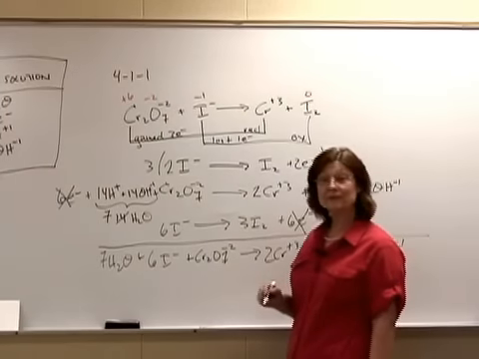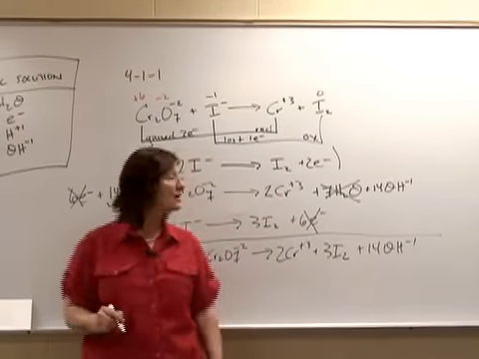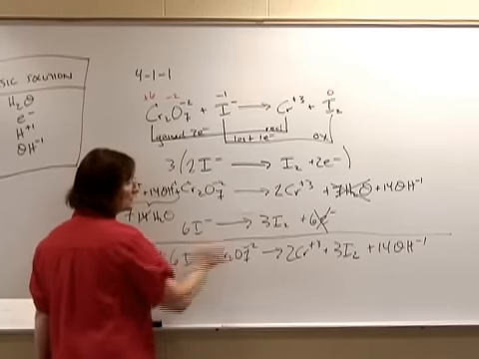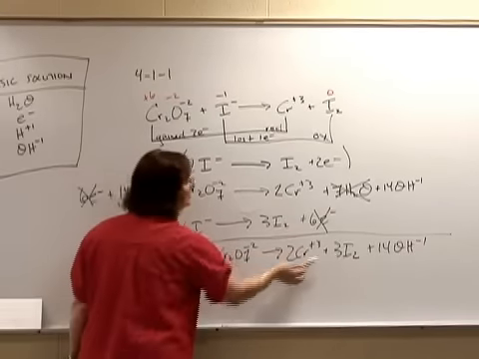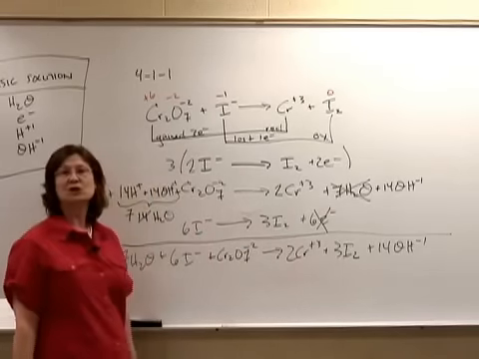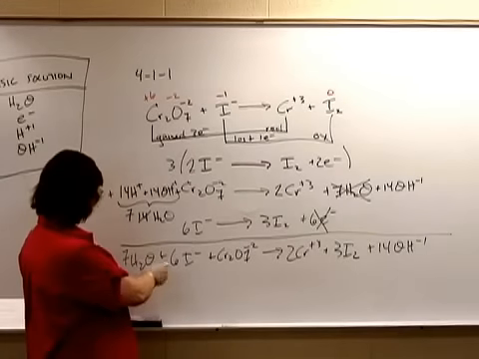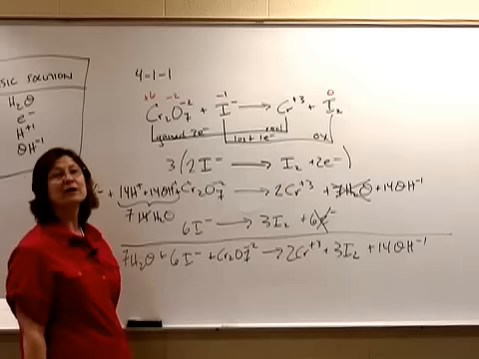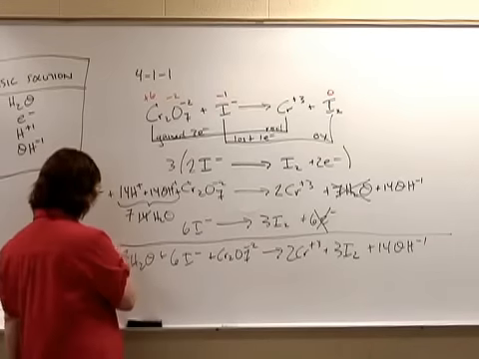And then I double check to make sure that I have the lowest multiples of the coefficients, and I have a 3 here and a 2 here, and therefore that is the lowest common coefficient, and I cannot lower it anymore. And that would then be my final answer.